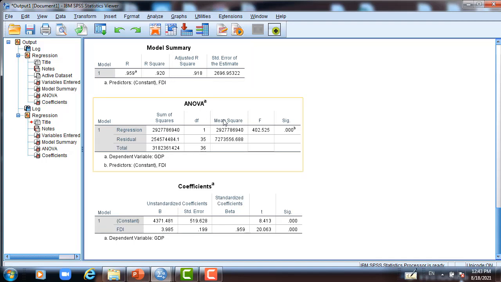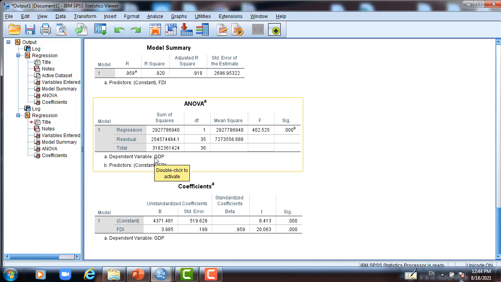Then we move to the second table, ANOVA. As you can see, regression, residual, and the total, and here we are looking at the F statistic and p-value or significance value. As you can see below the table, there are the predictors, constant and foreign direct investment, and the dependent variable GDP.